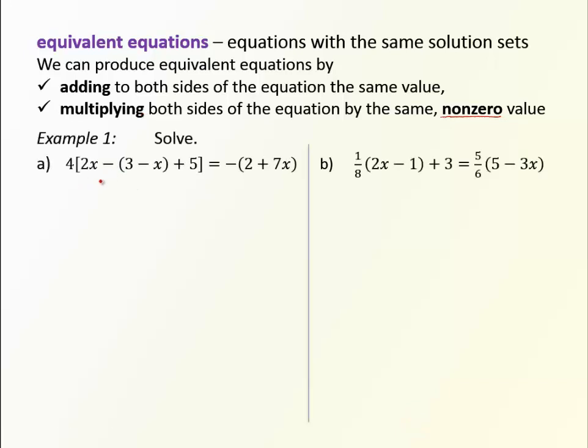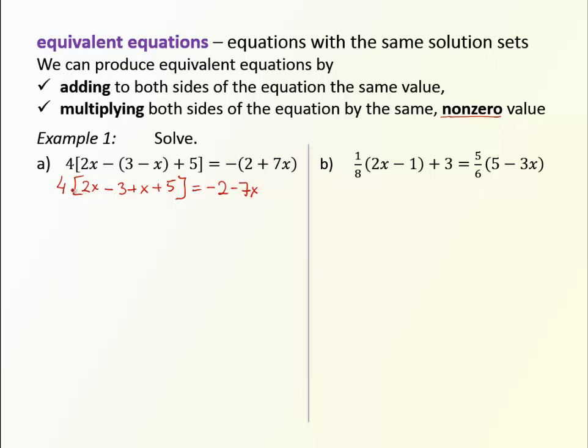Let's see how we will solve the following equations. In the first example, we would like to open all the brackets starting from the inner ones. So if we see a minus before a bracket, to open it, we have to reverse signs inside the bracket. So that becomes -3 plus x, copy the rest, copy the bracket, times 4 equals, deliver this minus inside the bracket, so it's -2, -7x.